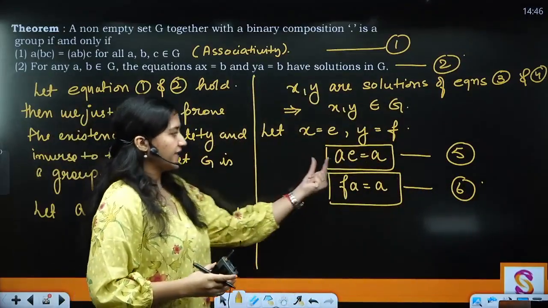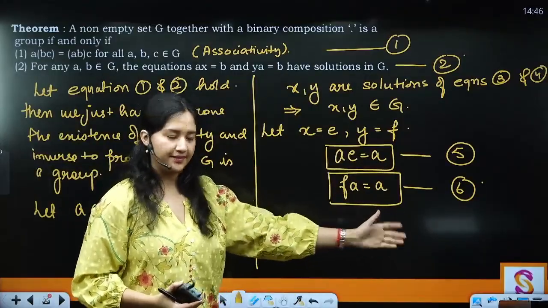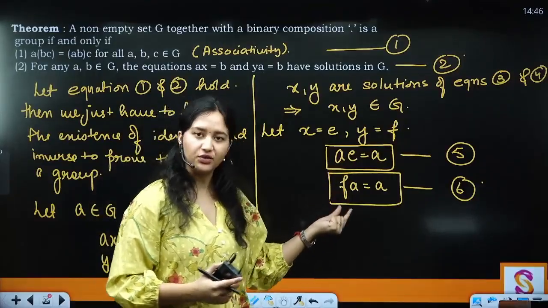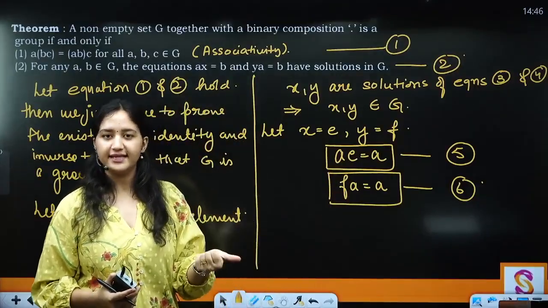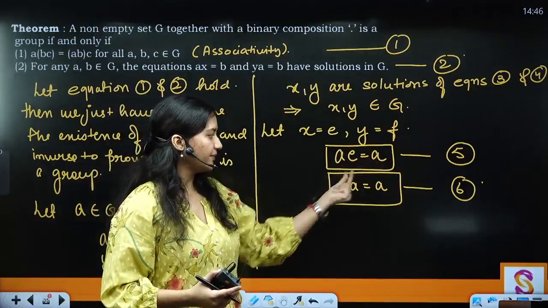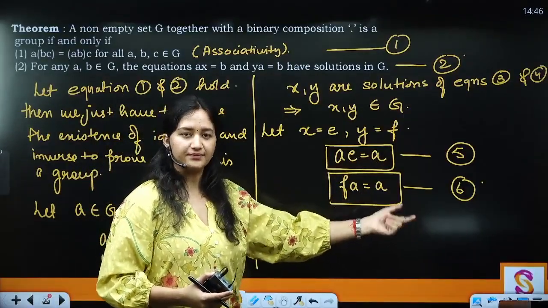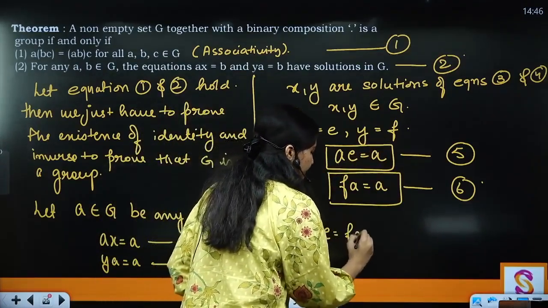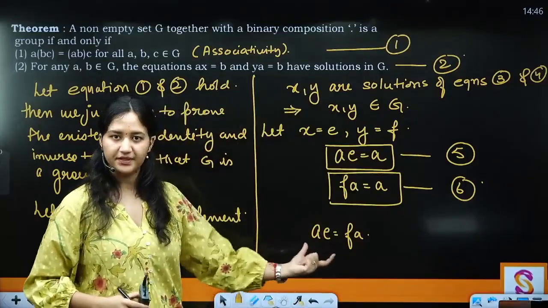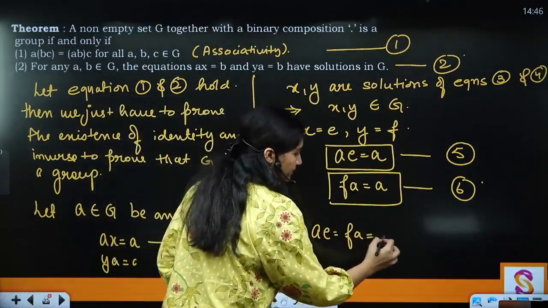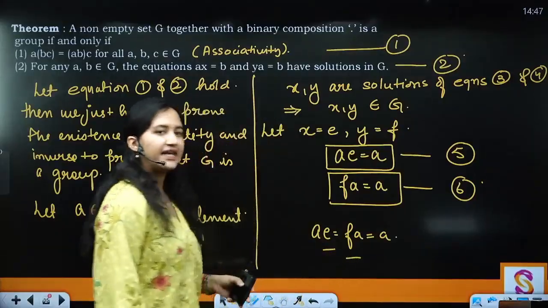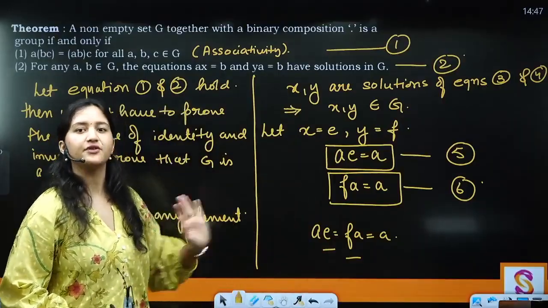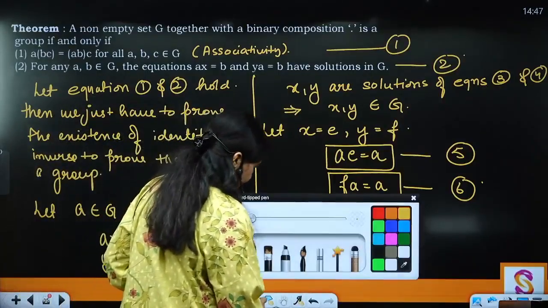We have come this far, that AE equals A and FA equals A. Now you can visualize a little that if we are able to prove that E and F are equal, then we can say that there is an identity element, AE equals A, which equals EA equals A. These two are equal to each other. That means we get one identity element. So exactly that is what we are trying to do here, right?